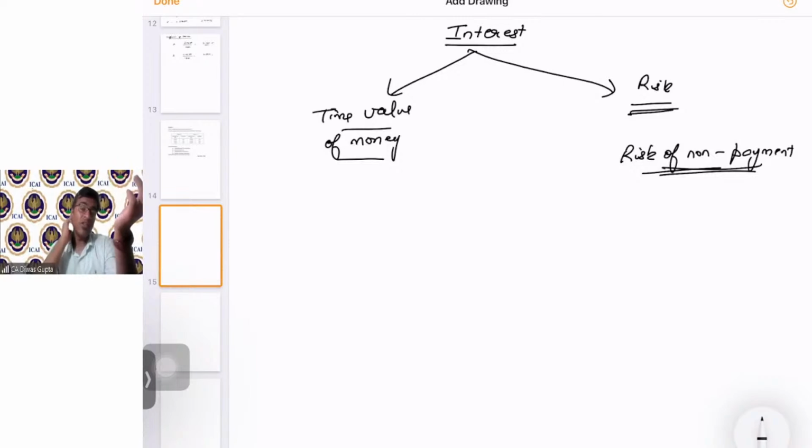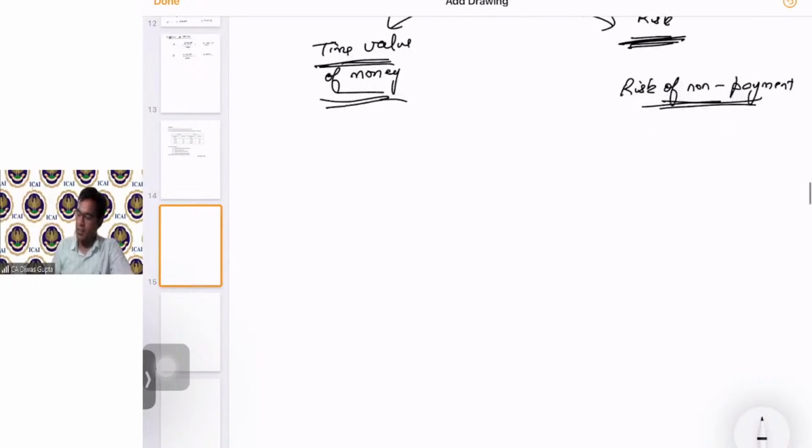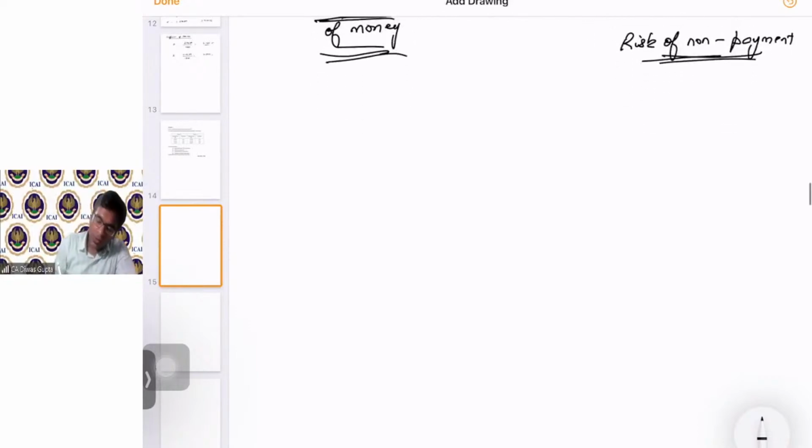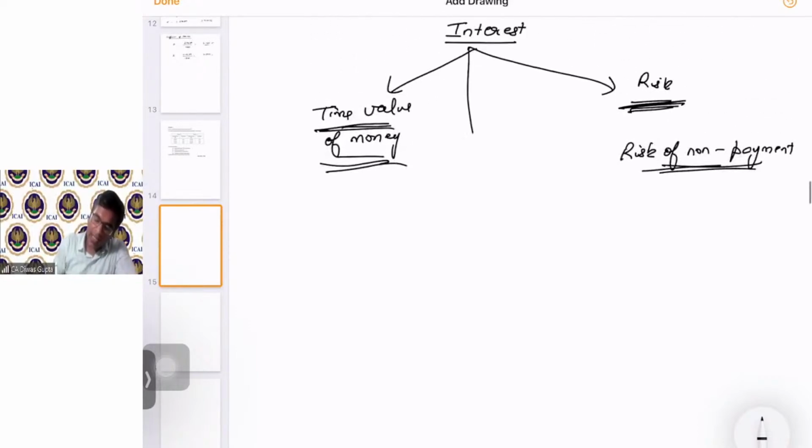In that case, you will charge the higher interest. That is called as risk. Higher risk, higher rate of interest you will charge. Because time value of money is constant, right? It is given from the market perspective. That is not going to change. So the interest actually is your discount rate. Correct? I hope all of you have realized.